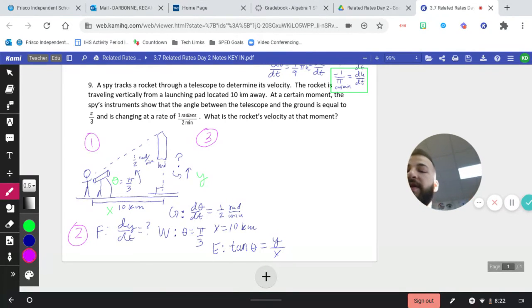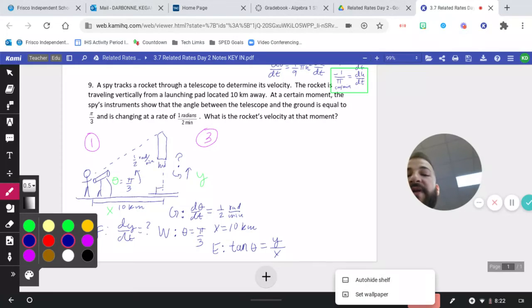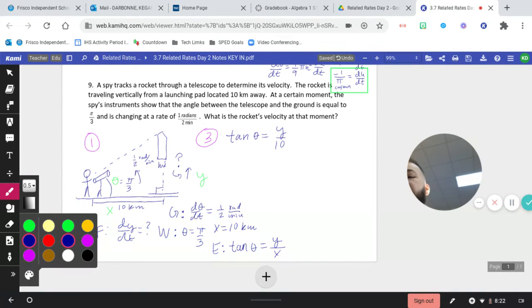So for step 3, the only thing we need to do before we derive is plug in for x. So tan theta is equal to y over 10. I'll rewrite this as 1/10 y to make the derivative easier to see. Now I'm deriving both. The derivative of tangent theta is secant squared of theta times d theta/dt.